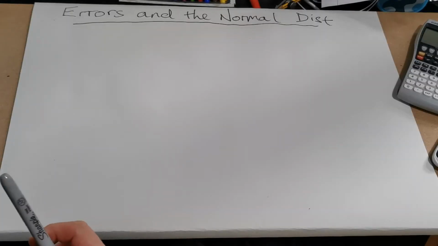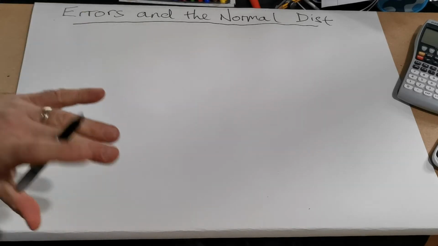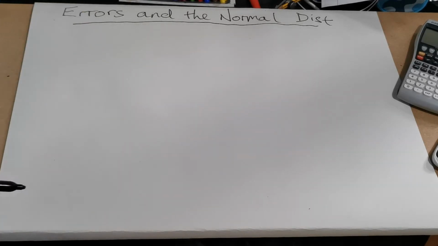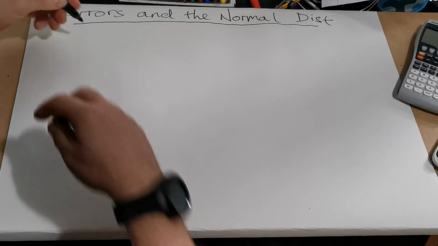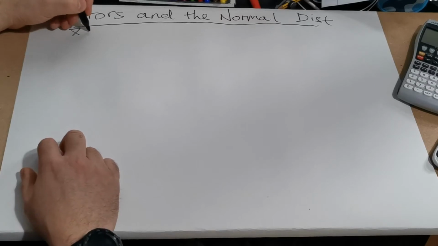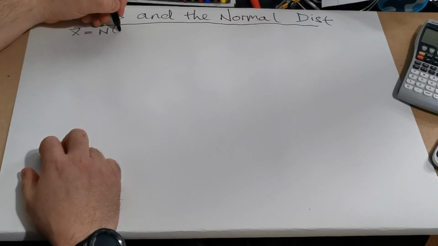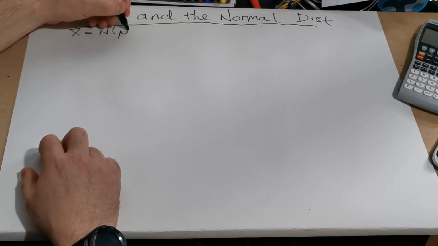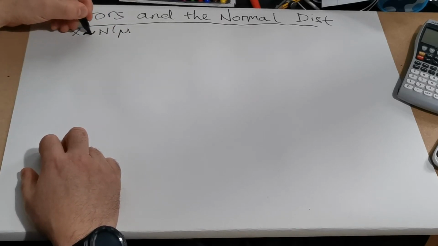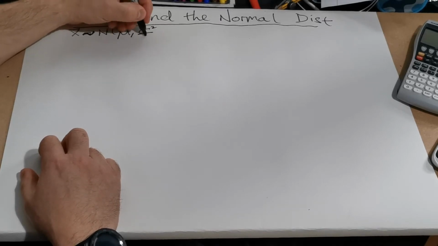Right, there's a few things that are important about that. First of all, we're taking a sample and we're testing that sample against a distribution. And the distribution of the sample means is always going to be x bar distributed normally with mu and sigma squared over n.